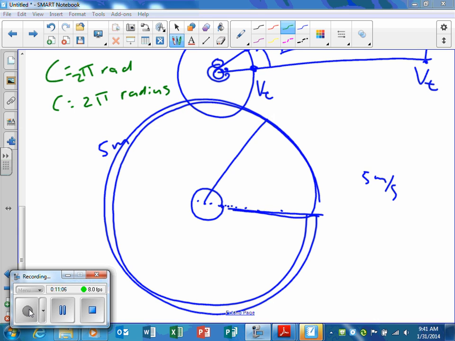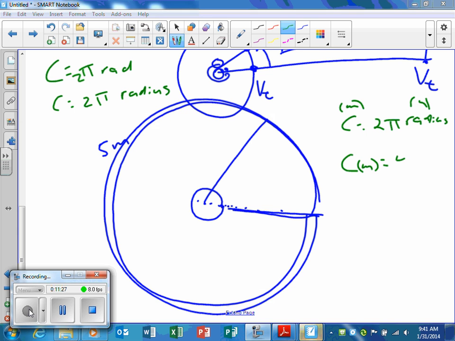Okay, so yeah, this is what you knew before, right? So circumference equals 2 pi, and that's in meters. Circumference in meters is 2 pi radius, which is in meters. So if I have a radius of 2, then my circumference in meters is 4 pi. That's my distance that I travel.